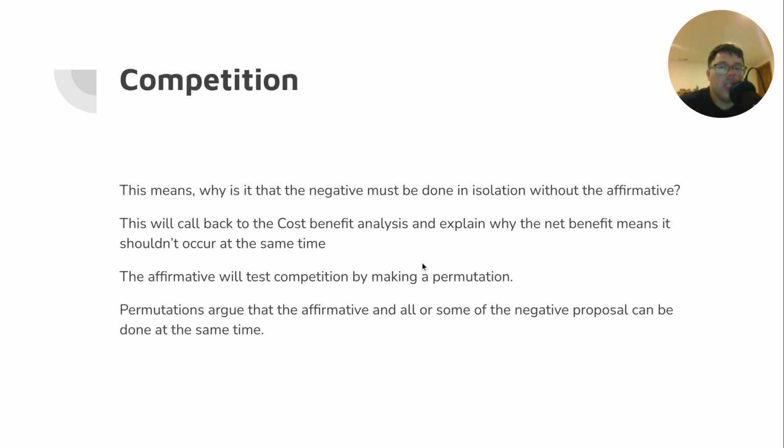And generally, if you want to win that permutation, you have to explain why all of the affirmative plus part or all of the negative counterplan would result in mitigating or making irrelevant the disadvantage that the negative claimed was a net benefit.